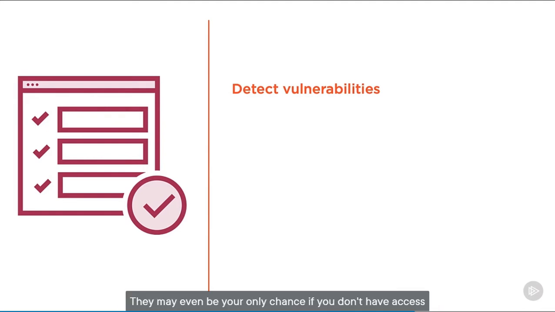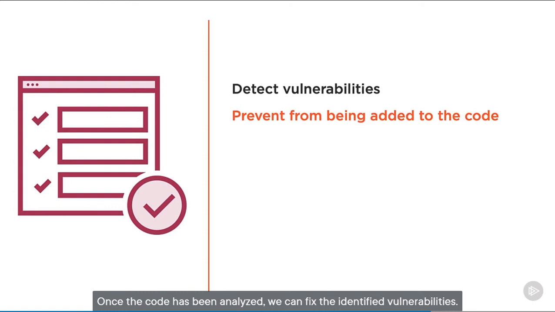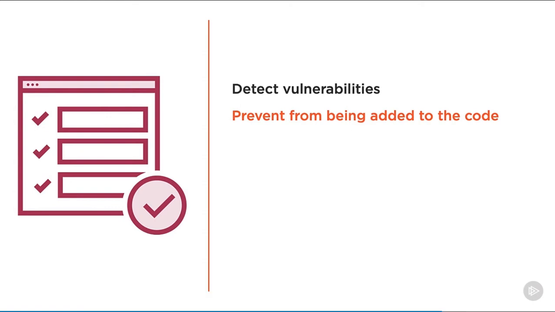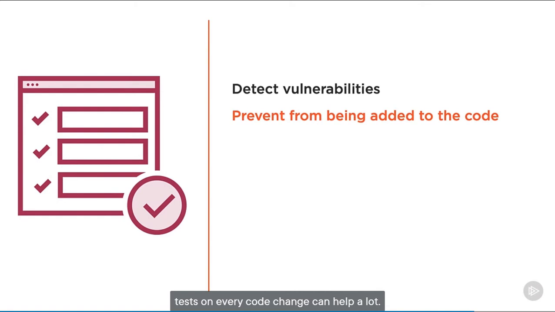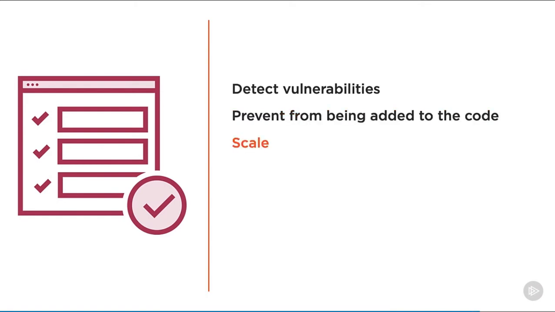They may even be your only chance if you don't have access to engineers with security expertise. Once the code has been analyzed, we can fix the identified vulnerabilities. How do we make sure they are not introduced again by new developers, or that similar bugs are not added in new code? Running automated security tests on every code change can help a lot.